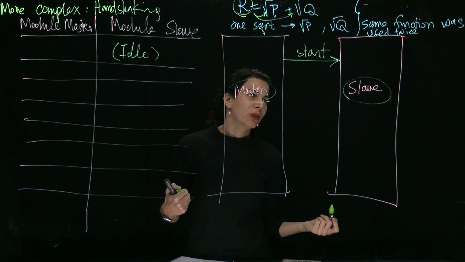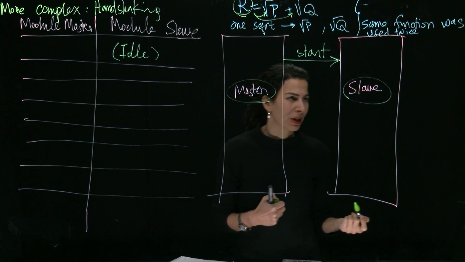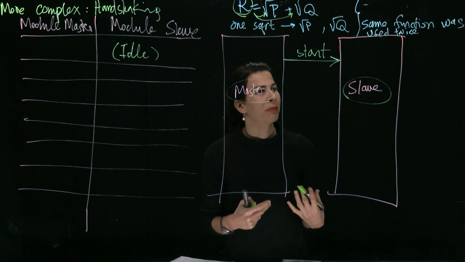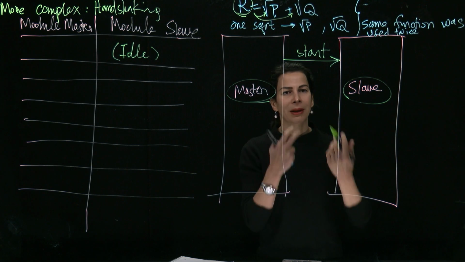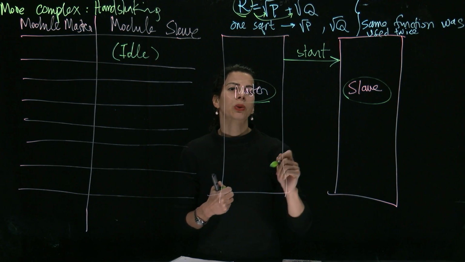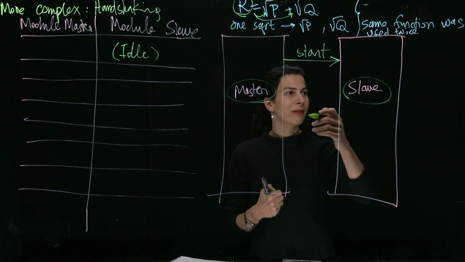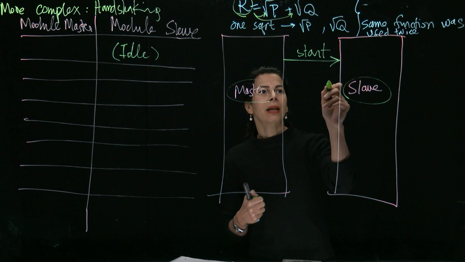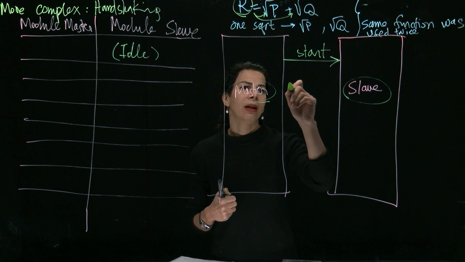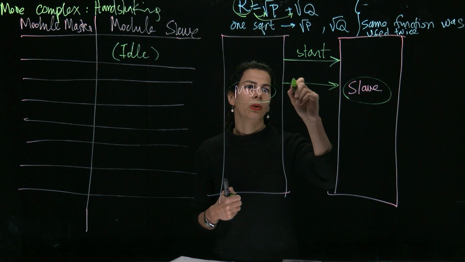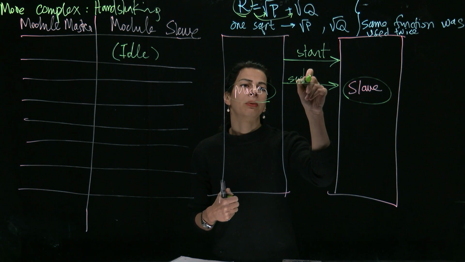This is of course the most basic case I'm covering. I'll cover more complicated scenarios as we go on, but in the simplest case, the master tells the slave to start the operation, and it also sends the inputs to the slave.